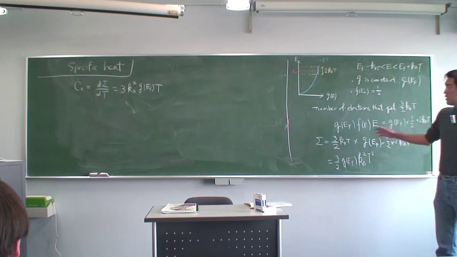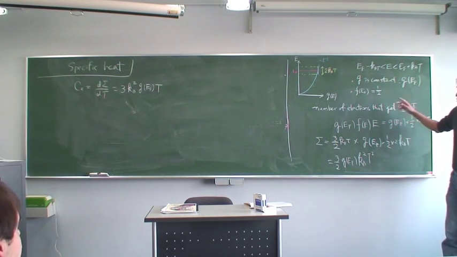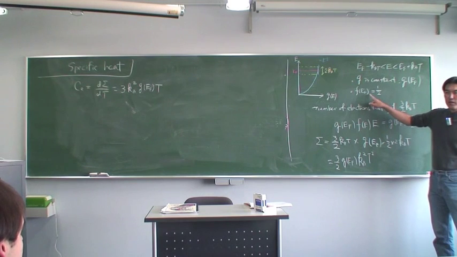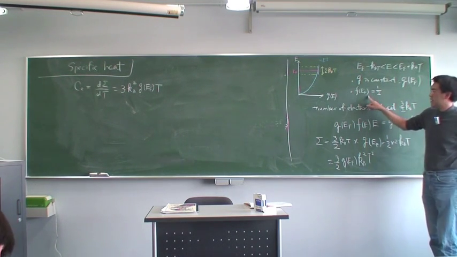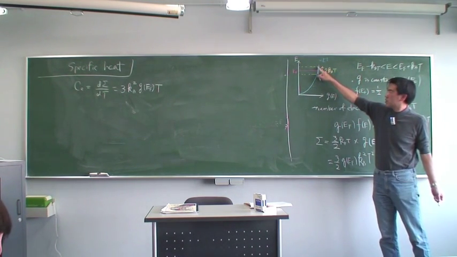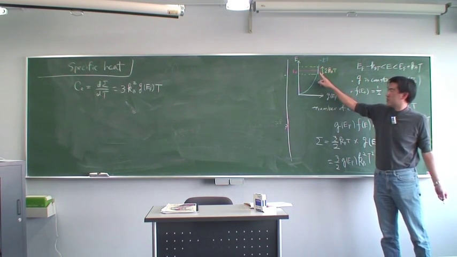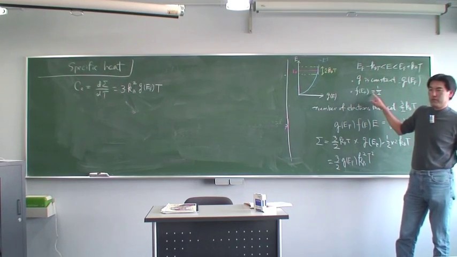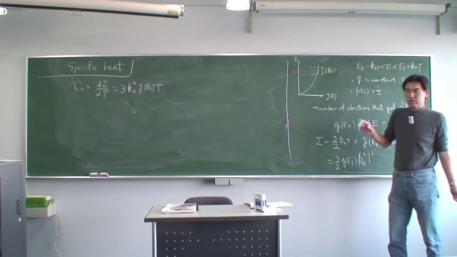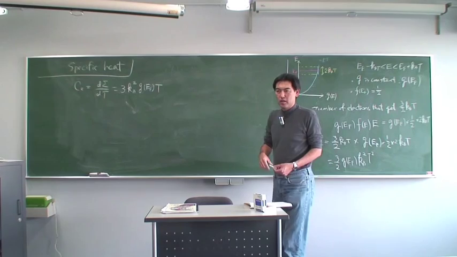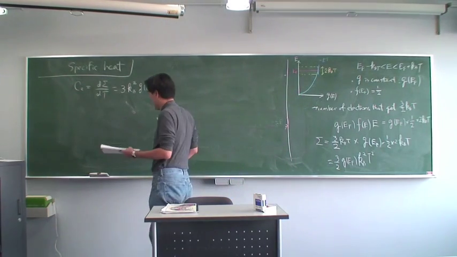So we did lots of approximations. Probably the most drastic one is that I said the Fermi function is 1/2 here, not only at this point, but around here. That sounds pretty drastic, but it's a good approximation.